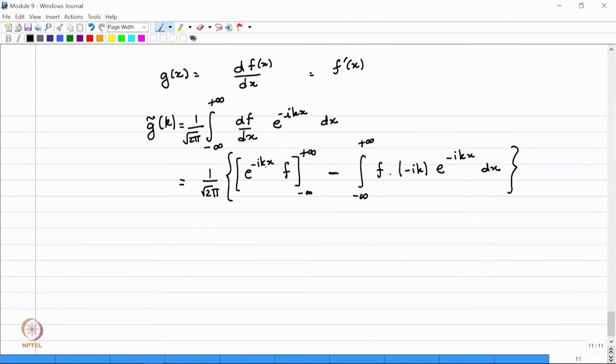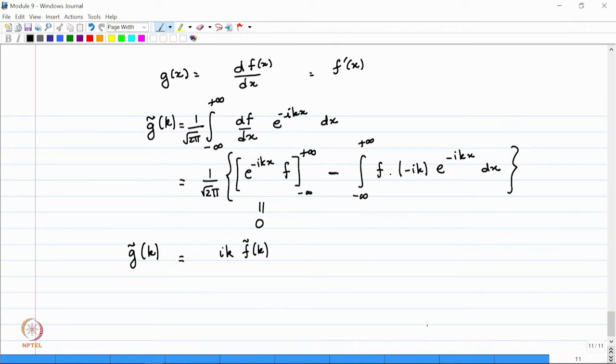Now, the first term, if we assume that k has a positive imaginary part, goes to 0, and so I can write this as i k times what is left over with the 1 over square root of 2 pi, which is just f tilde of k.